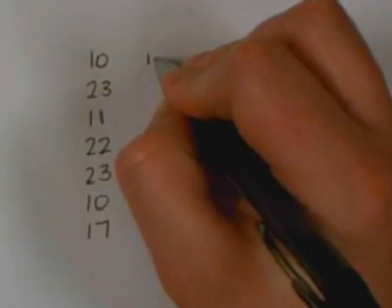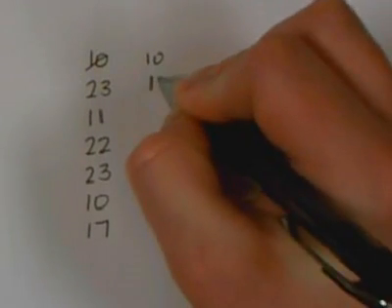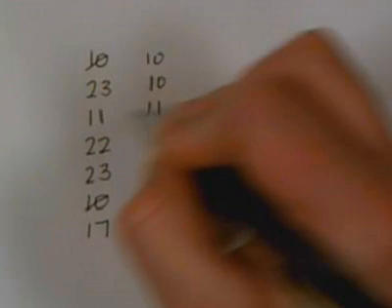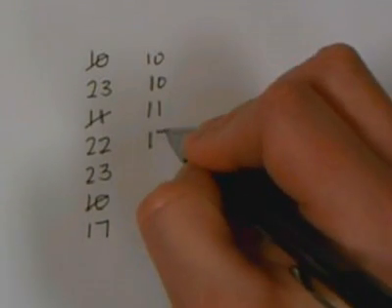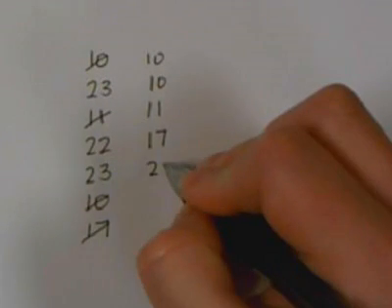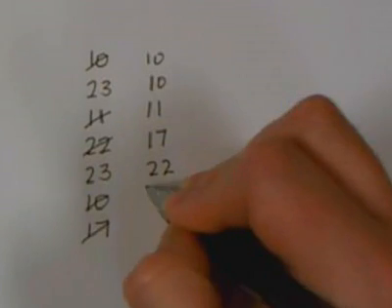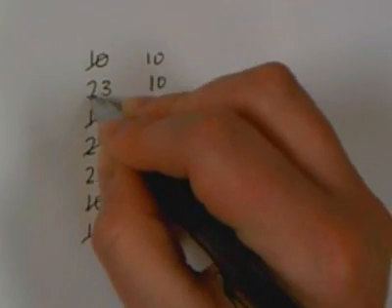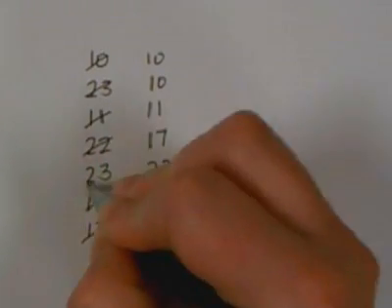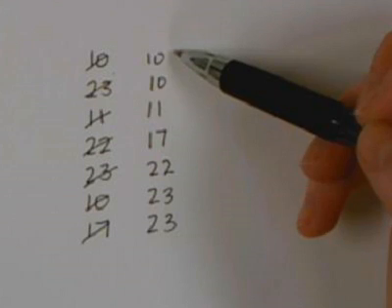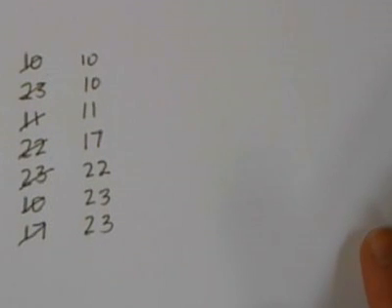So 10 would come first, then 10, then 11, then 17, then 22, then 23, then 23.